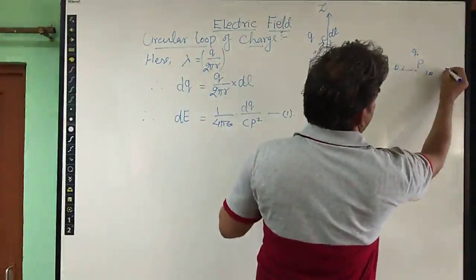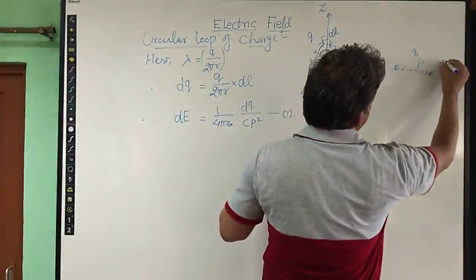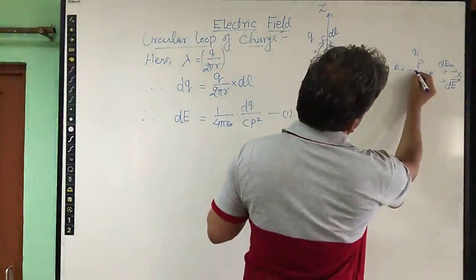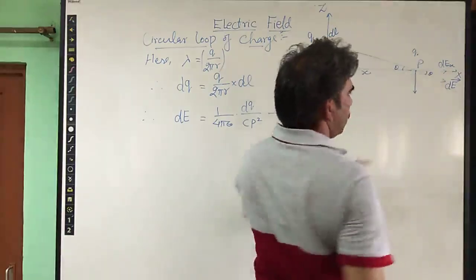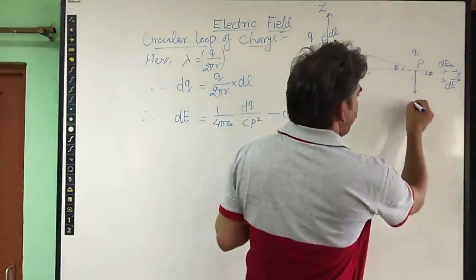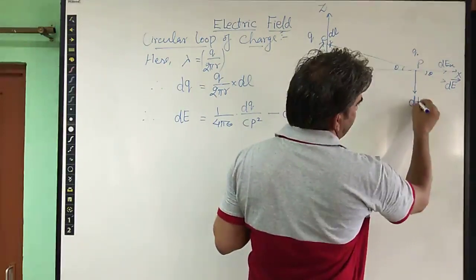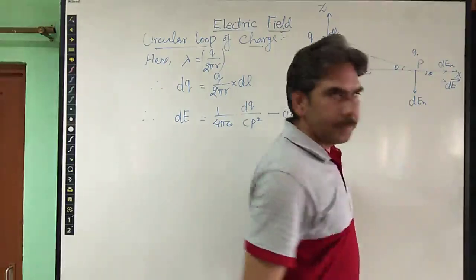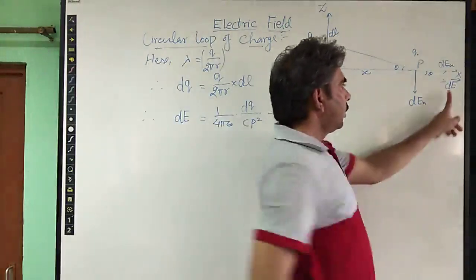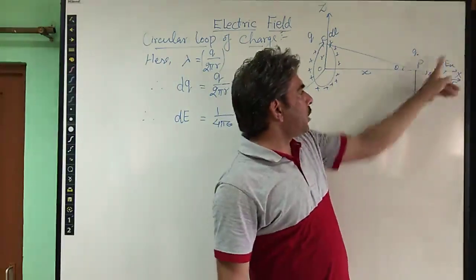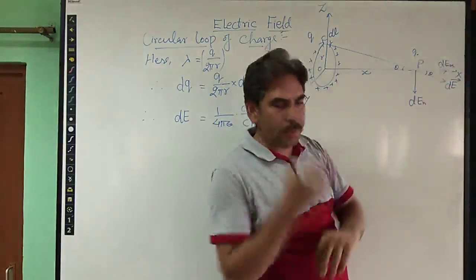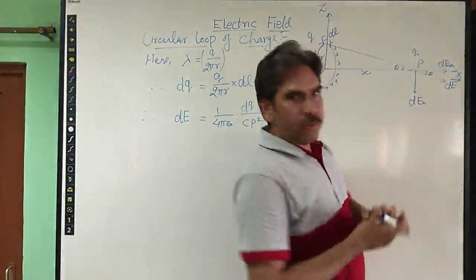One along the x direction, which can be written as dEx, and the other in the perpendicular direction, which we indicate not as dEy but as dEn. So this is the representation of the electric field due to this small length element in terms of its components. This is the x component, and this is the normal component to the x component. You can write the expression for this later.